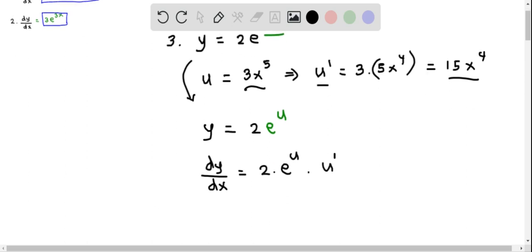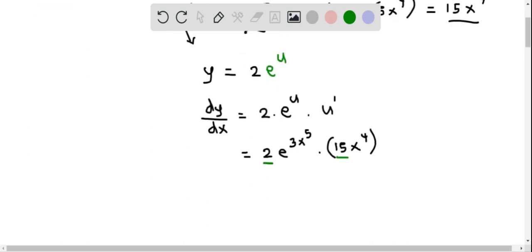Let's substitute the values of u and u prime, so this equals 2 e^(3x^5) times u prime, which is 15x^4. Now we can multiply this 15 with 2, which equals 30.